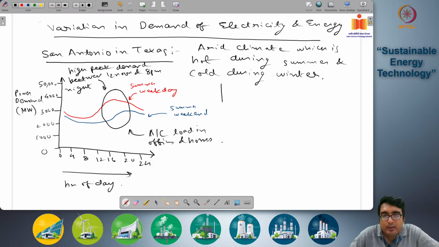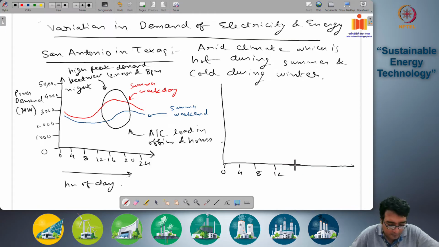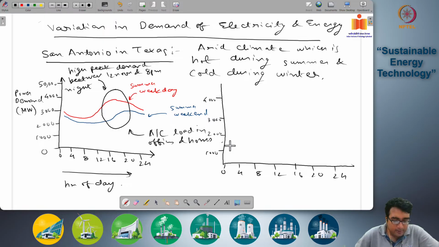Similarly, if we look at winter time, winter in San Antonio is significantly cold. So you have again 0, 4, 8, 12, 16, 20, 24. We have 1000, 2000, 3000, 4000. Now in winter, loads are typically lower.